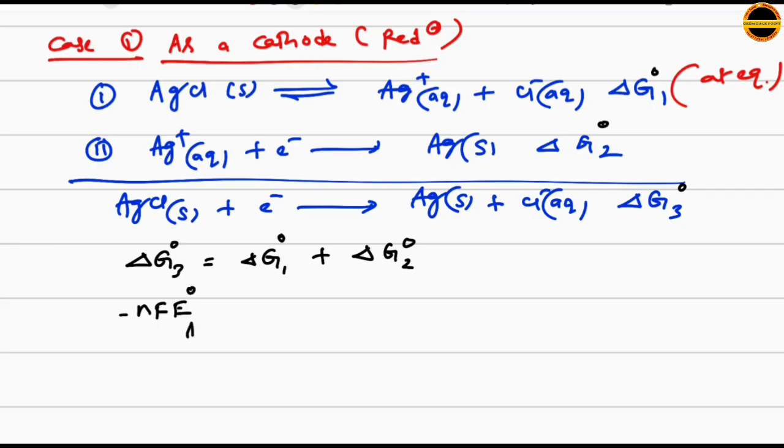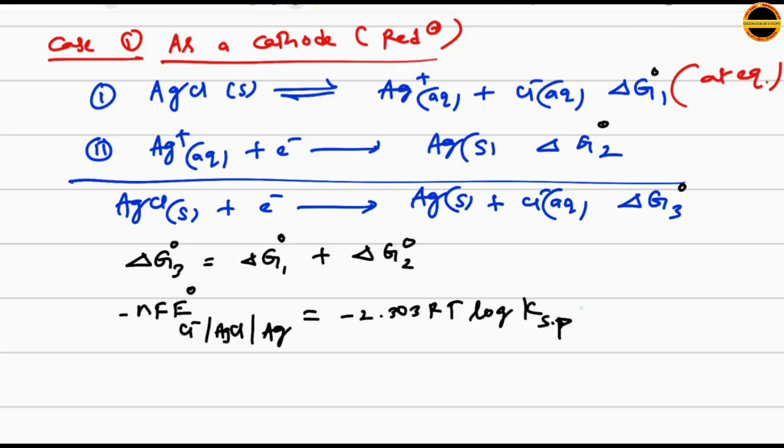Here Cl minus AgCl is the reduction. So delta G3 is equal to delta G1, and as it is at equilibrium, I write 2.303 RT log Ksp. For insoluble solids, we write the solubility product. Solubility product Ksp is the equilibrium constant only. Whenever an insoluble solid is given, we can write the solubility product.